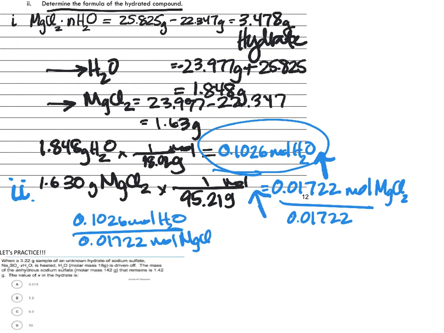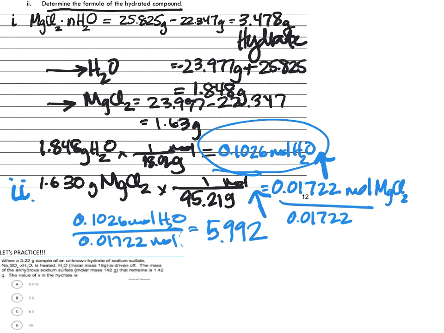I don't really have to put the units there, I'm just trying to get the ratio. And our ratio here, what did we end up with? 5.992. You can round that up to 6.